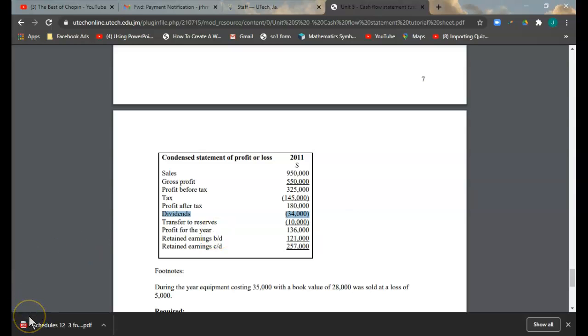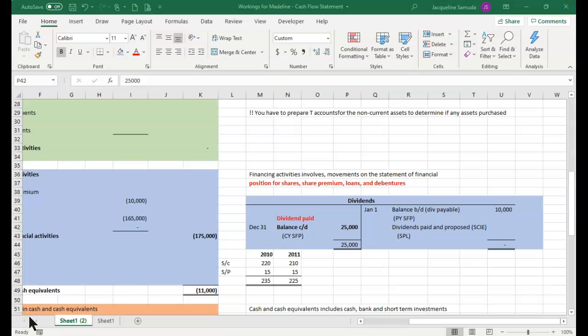Okay, let's go back to the cash flow. So now we're back at the cash flow. So we need to put as the dividends paid and proposed $34,000. That was the figure we had. So it means then that we have to find the dividend paid as a balancing figure, if you remember from your control accounts.